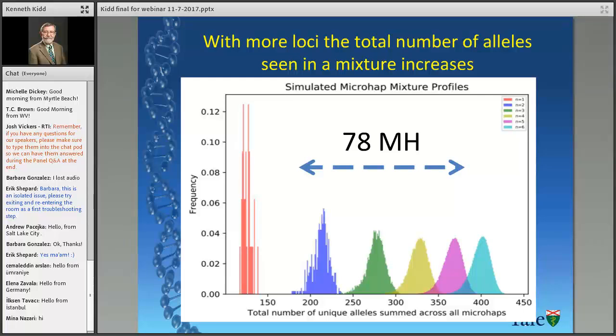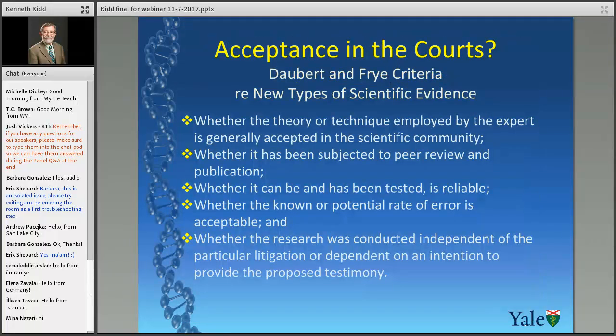And if we look now to 78 microhaplotypes, and remembering the panel we're working with now is 74, clearly that expands this distribution, making the number of contributors easy to detect.